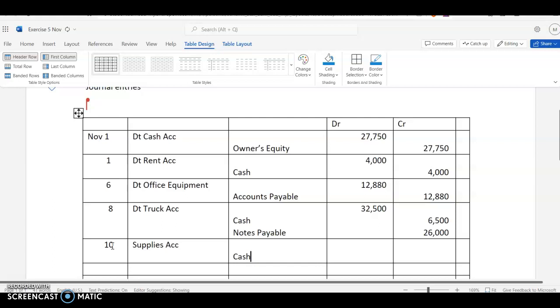Cash. Okay. 1,860. Same with cash, we have paid 1,860. Save this one. Save there.